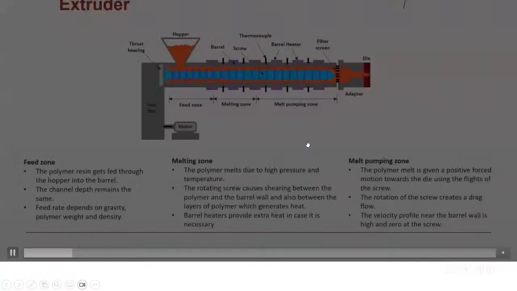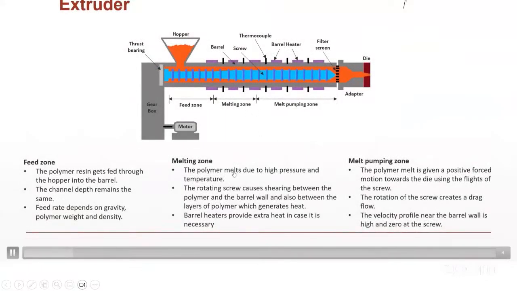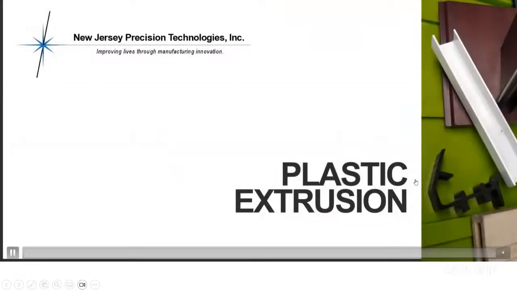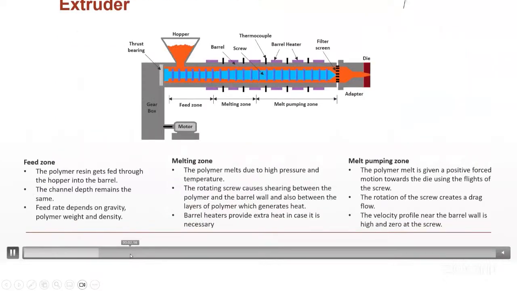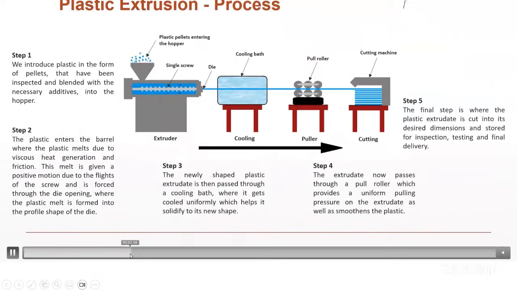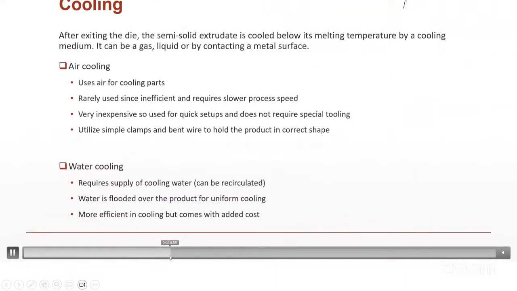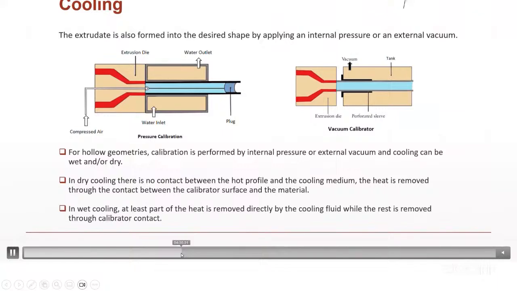After this, these things we have seen: feed zone, melting zone, right? Also, we have seen this. Then we have seen the pipe plant, friend. Then these are the different types of accessories used with the pipe plant.